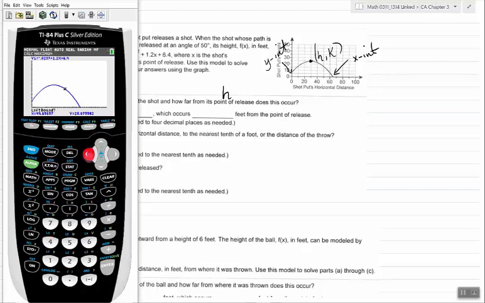I need to be on the left side first. You have to do a left bound first. Enter. Now go through that max. Enter. You can see it is sandwiched between those two. Hit enter a third time, and this would become 30, 24.4.